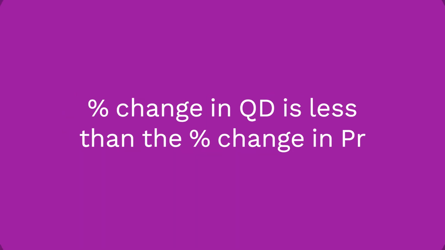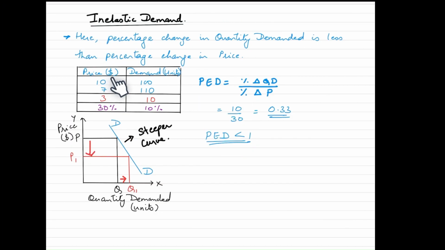When we take a look at the schedule here, the price has gone down from $10 to $7 with a $3 change, and the quantity demanded has gone up from 100 units to 110 units with a 10 units change. When we convert it in terms of percentages, the percentage change in price is 30% and the percentage change in quantity demanded is 10%.